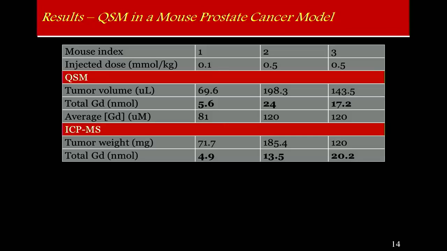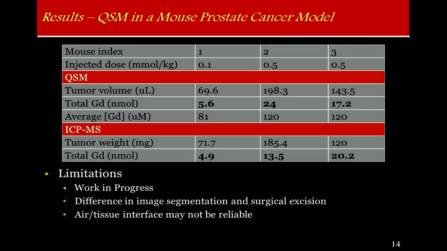We notice that the QSM and the ICP-MS achieved a reasonable agreement in terms of the tumor volume, which is on the order of 100 microliter, and also the total amount of gadolinium, which is on the order of 10 nanomole. Definitely, we have to acknowledge that there is still substantial difference between these two rows if you pay close attention. So this is still a work in progress, actually.